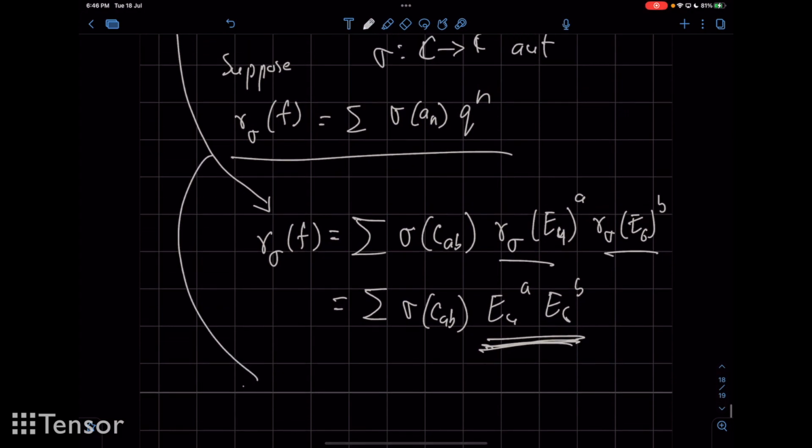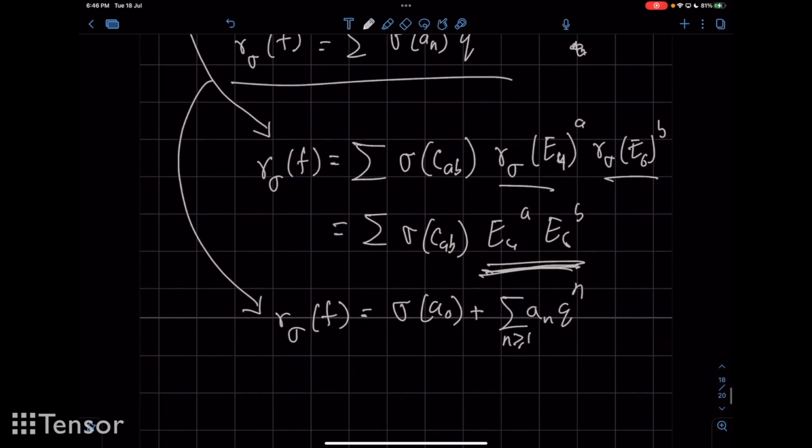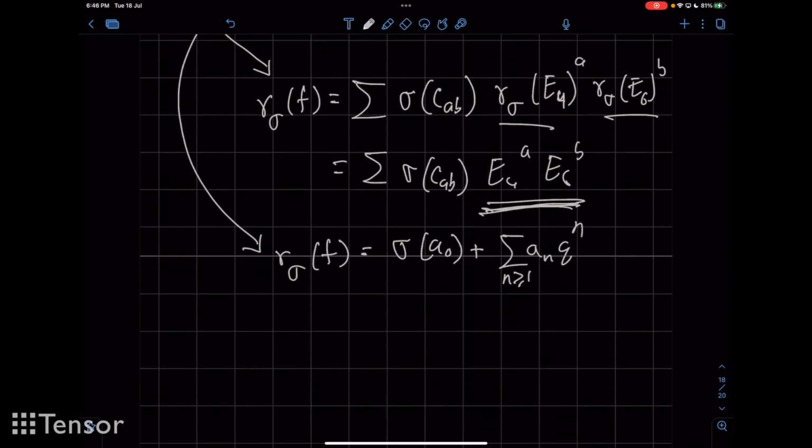So now, what do we have? We have that a_n is an integer for all positive n. So R sigma of f is equal to sigma of a_0 plus the sum of a_n q^n, n at least 1, because sigma preserves all the a_n.